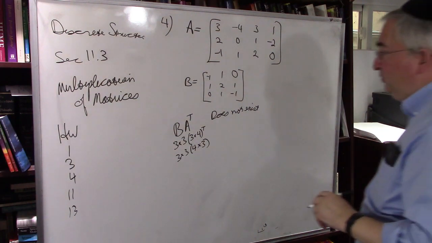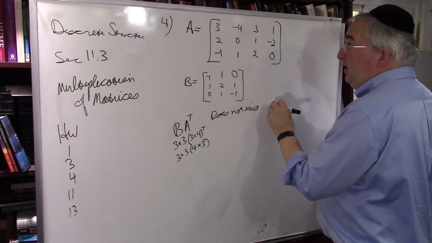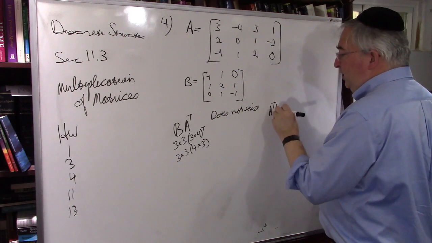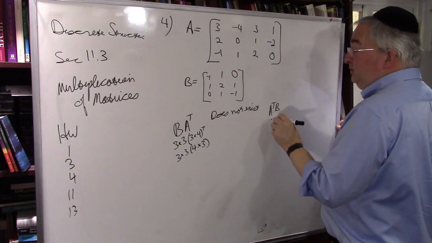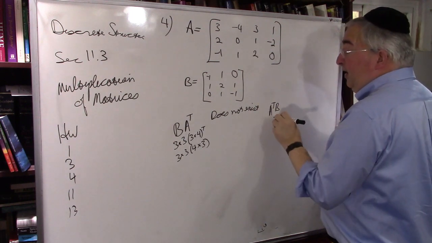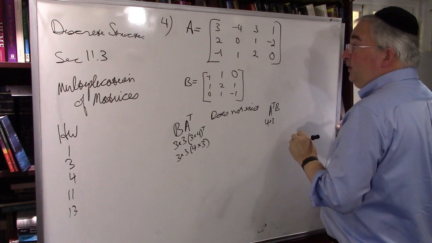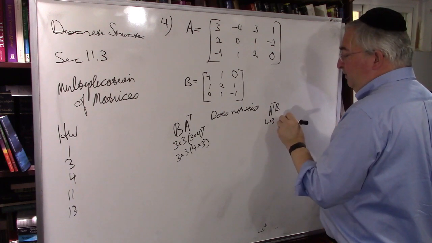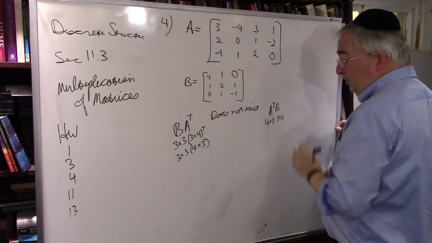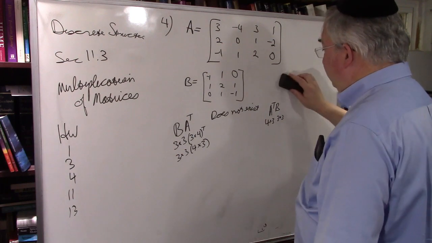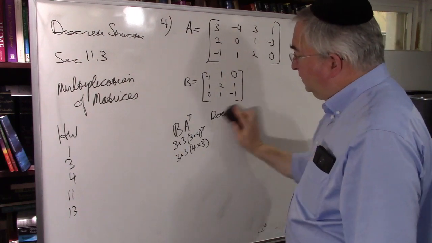A transpose B. Let's see what A transpose B. A transpose times B. A is a 3 by 4, so this is going to be a 4 by 3, times 3 by 3. So that will work. So let's do it. We have to first calculate what A transpose is.